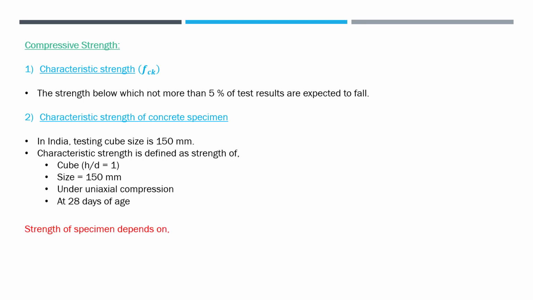From the above points, it is clear that the strength of a specimen is a function of shape, that is h/d ratio, size of specimen, state of stress in the specimen, and the age of curing.